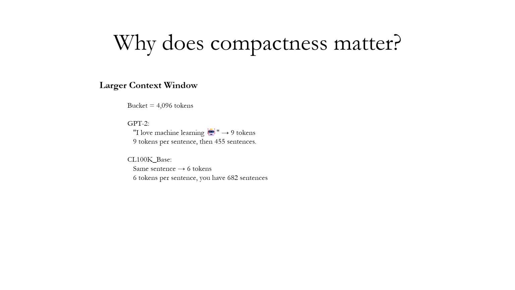In cl100k_base, we saw the same sentence with 6 tokens, okay? And with 6 tokens per sentence, you have 682 sentences, okay? So you've got a larger context window. So that's one of the reasons why compactness matters. You're not wasting space, right? We don't want 3, 4 token IDs for white spaces instead of having just 1.